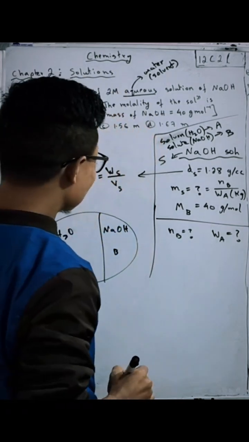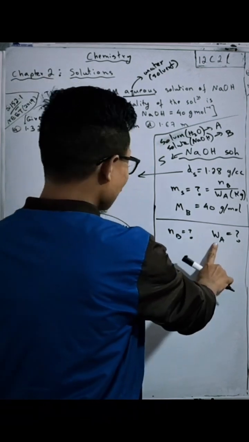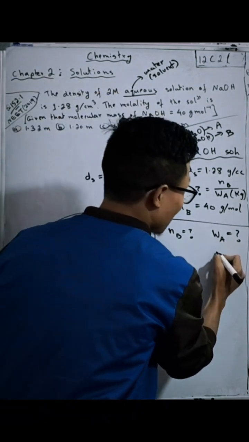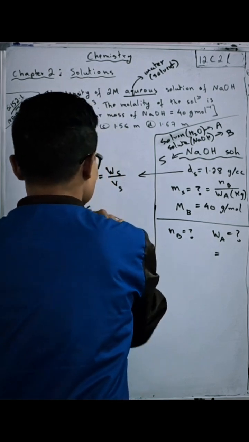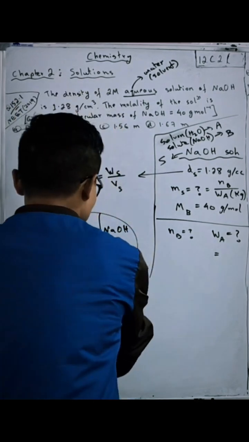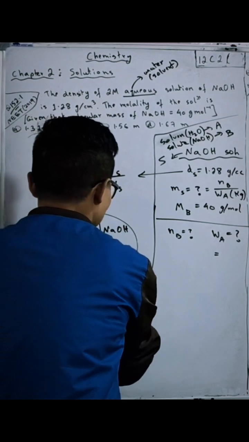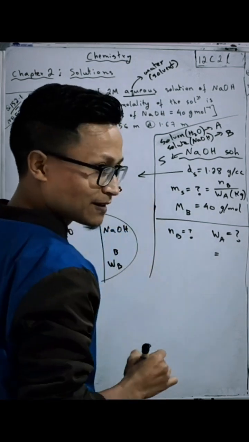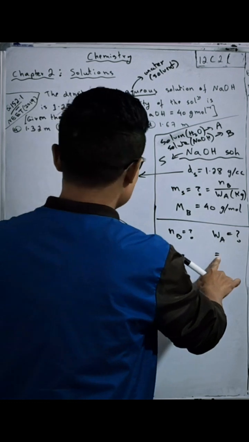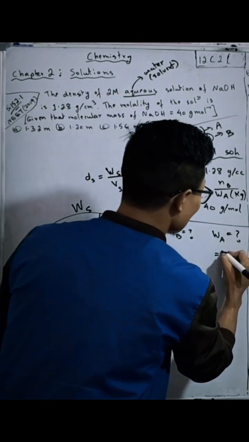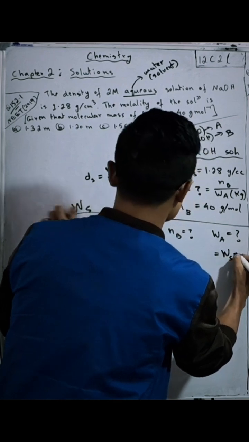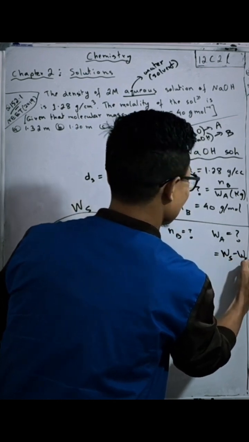Next, the whole mass is Ws, the mass of the solvent is Wa, and the mass of the solute is Wb. So the mass of the solvent is equal to the mass of the solution minus the mass of the solute.